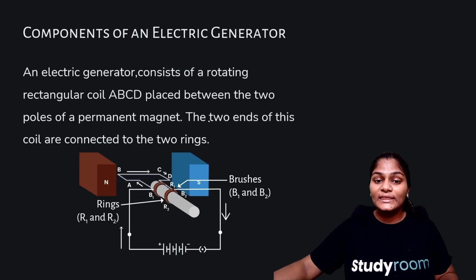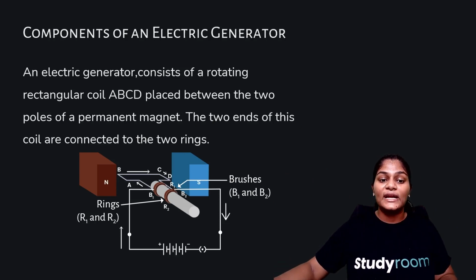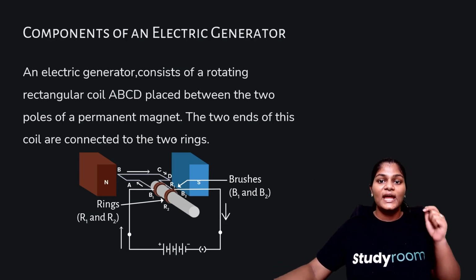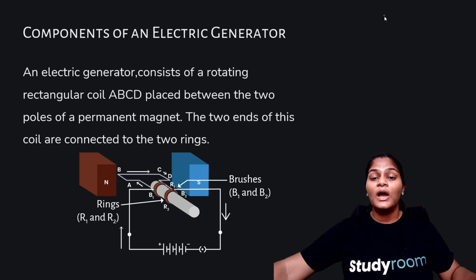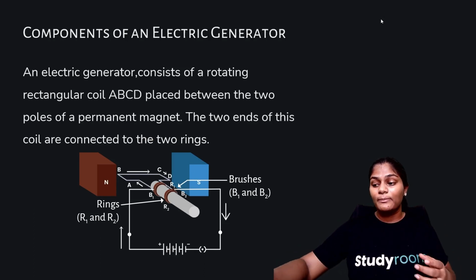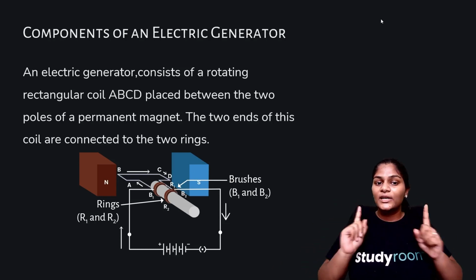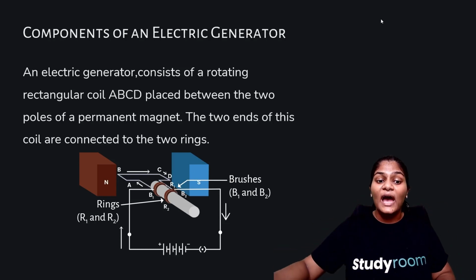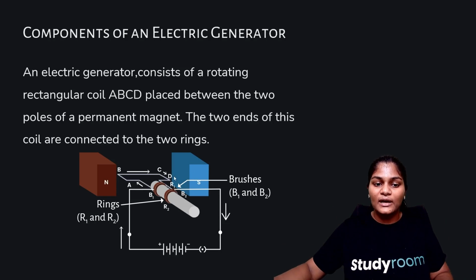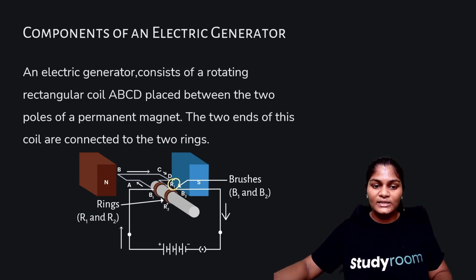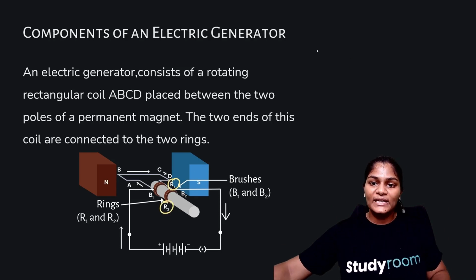Then these two ends of the coil are connected to two rings. Now, what is different here is, do you remember in case of a motor we had the split rings P and Q, but here we don't have split rings. We have full rings, R1 and R2, they are complete rings like this.